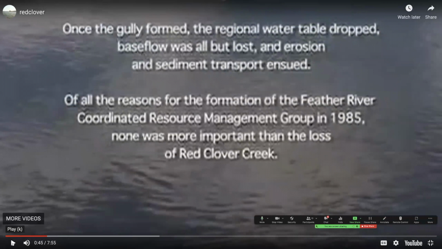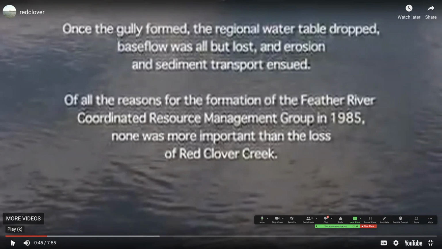Of all the reasons for the formation of the Feather River Coordinated Resource Management Group in 1985, none was more important than the loss of Red Clover Creek. So once they lost Red Clover Creek as a nice stream, in 20-30 years, it got destroyed by typically bad management coupled with a little bit of bad luck.